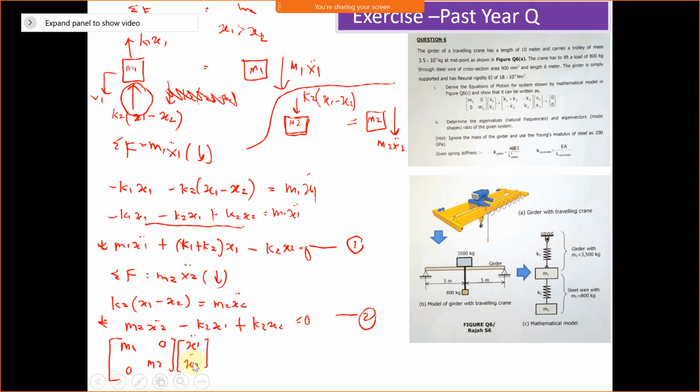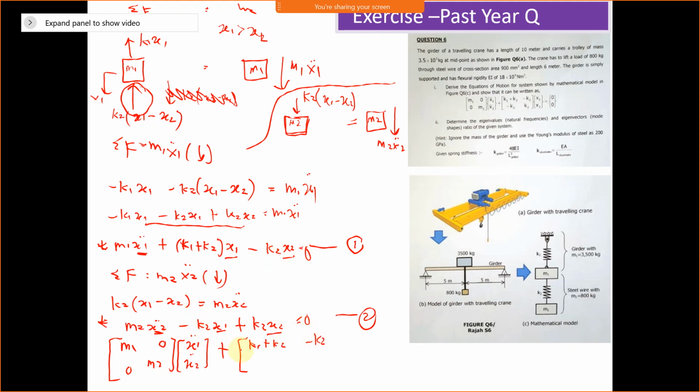Alright, and then kita ada restoring force plus, kita arrange balik kita punya tu, sebab kita kena tengok based on kita punya parameter x1, x2. So dekat x1 kita ada k1 plus k2, and then kita ada negative k2.